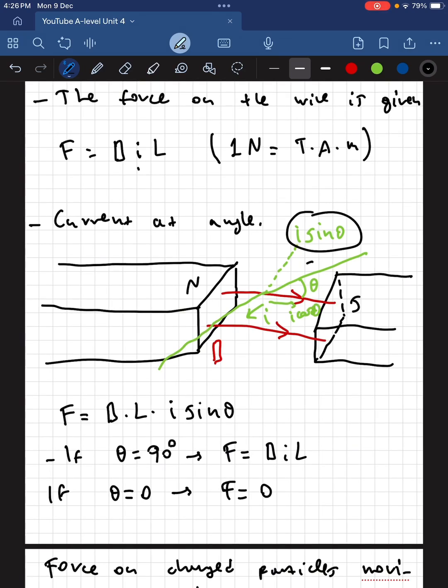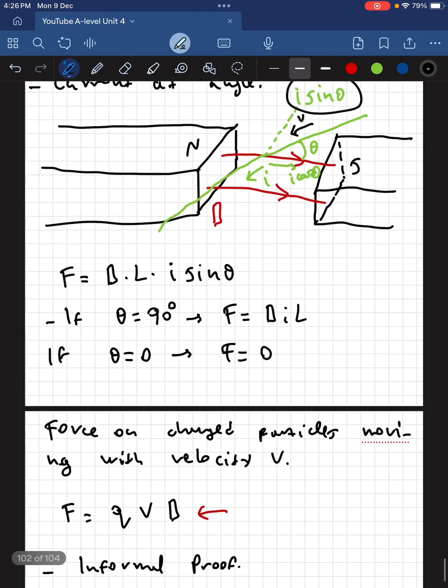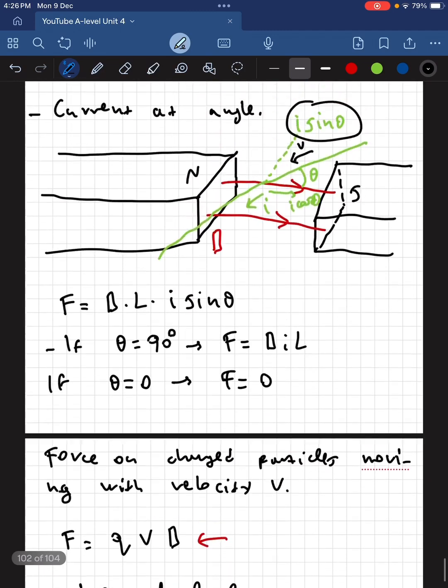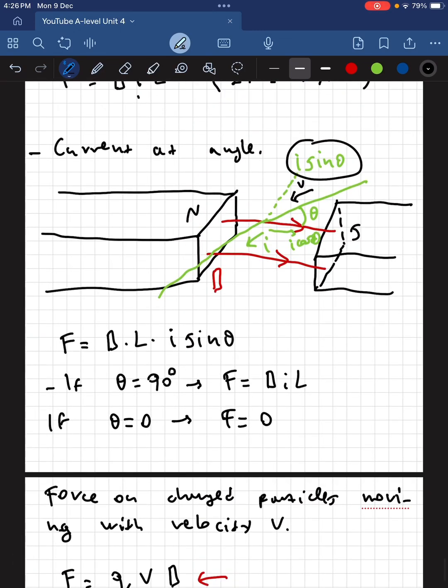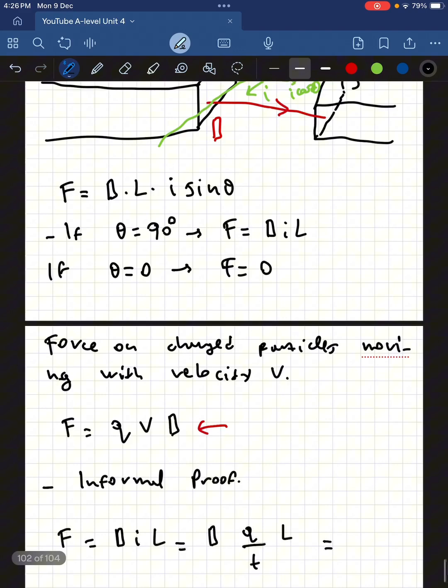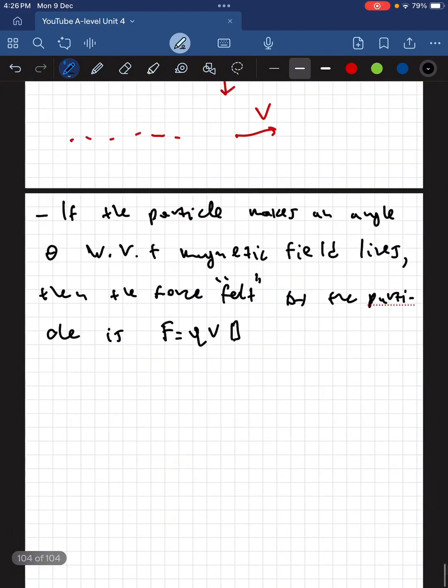As the particle moves with some velocity v, it makes an angle theta with respect to the magnetic field lines. In that case, the force is going to be QVB times the component perpendicular to this current, so it's going to be QVB sine theta.